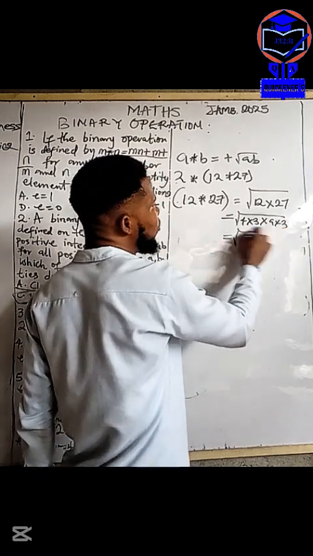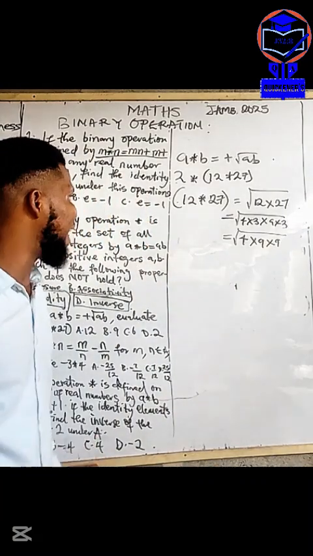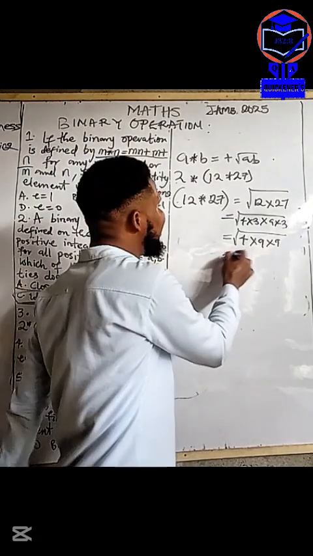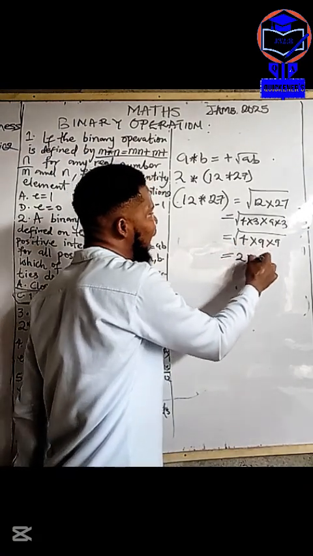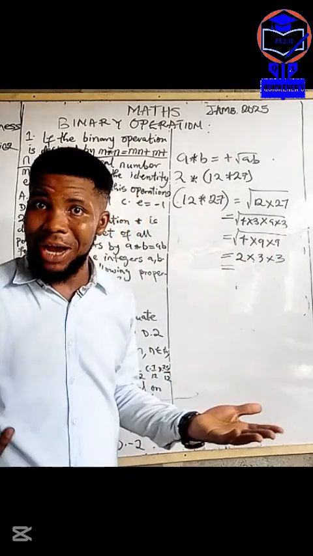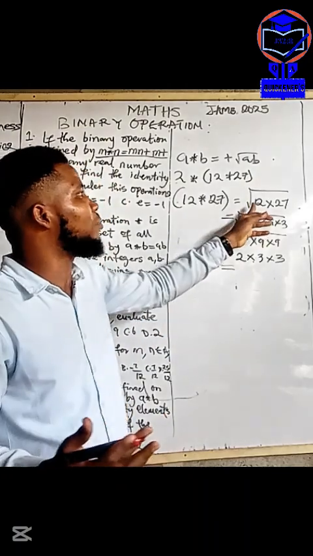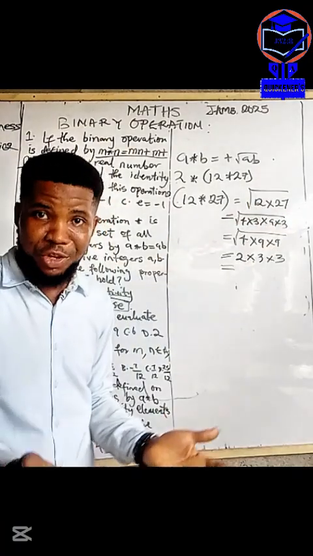So at the end of the day, I have 4 times 9 times 9. I hope you understand that. The square root of 4 is 2, the square root of 9 is 3, and the square root of 9 is 3. That's my own method of making it very simple. You can try to multiply this out and find the positive square root.